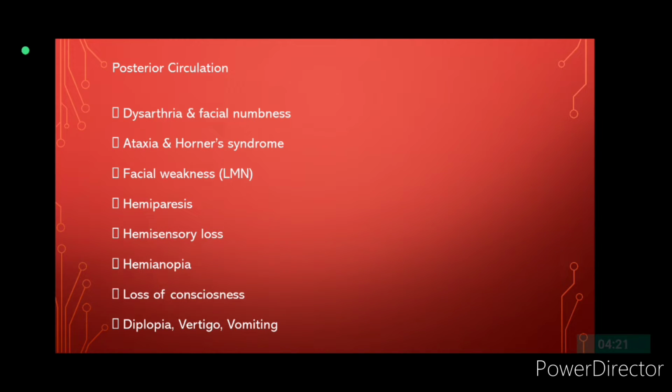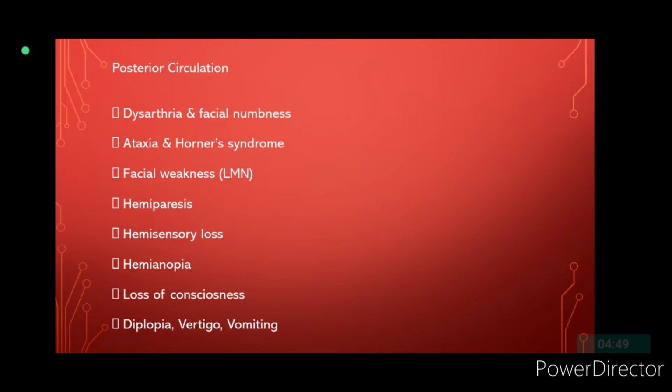Posterior circulation. Dysarthria and facial numbness. This is point number 1. Point number 2, ataxia and Horner's syndrome. Point 3, facial weakness, LMN.